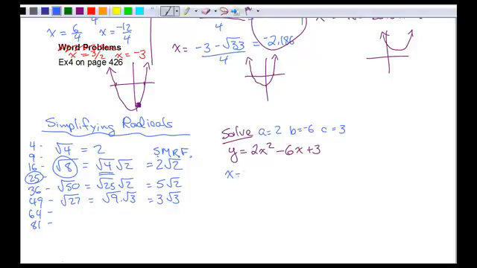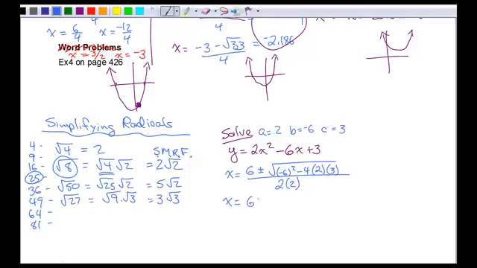We get x is equal to negative b. So the opposite of b, the opposite of negative 6 is 6, plus or minus the square root of negative 6 squared minus 4 times the a value, which is 2, times the c value, which is 3. And that's all divided by 2 times the a value, which is 2.